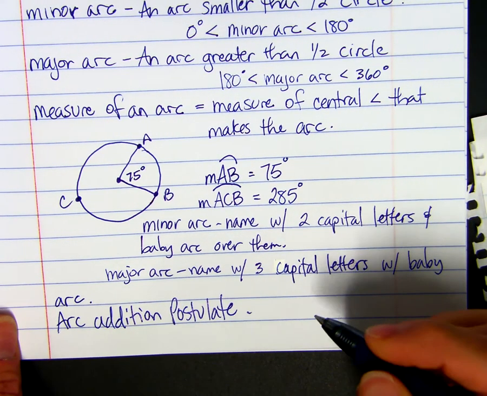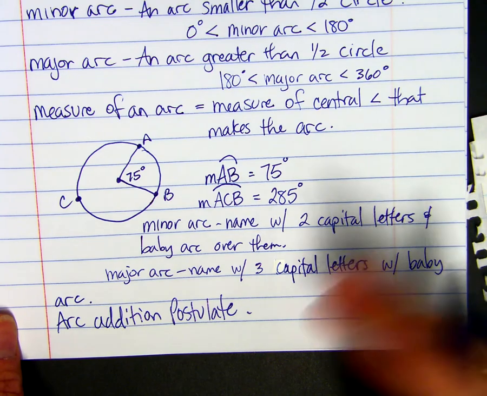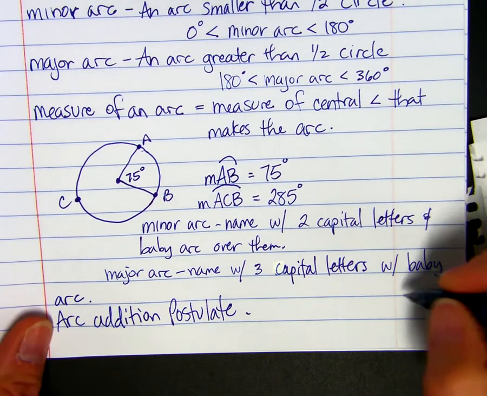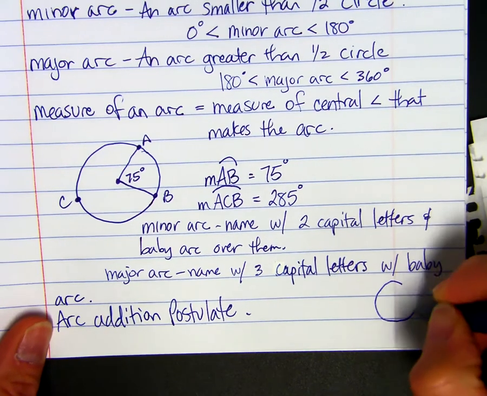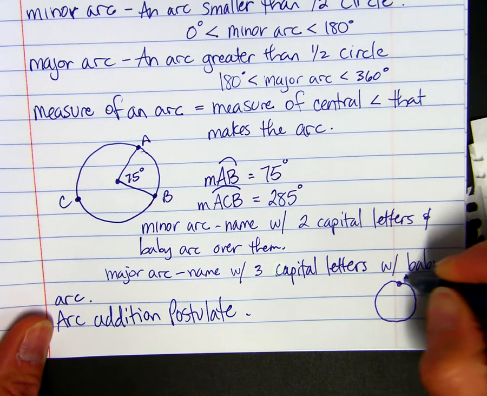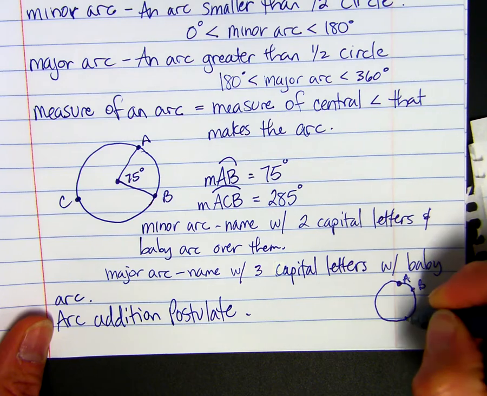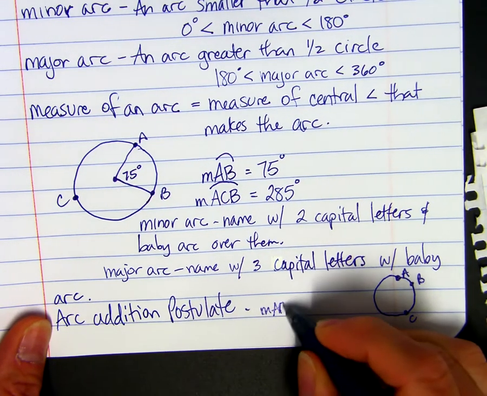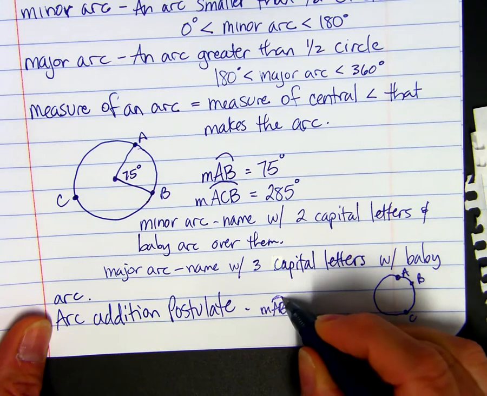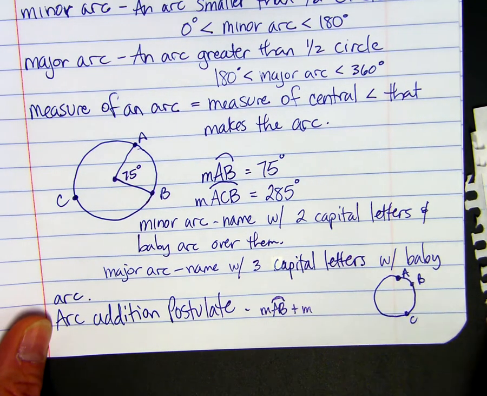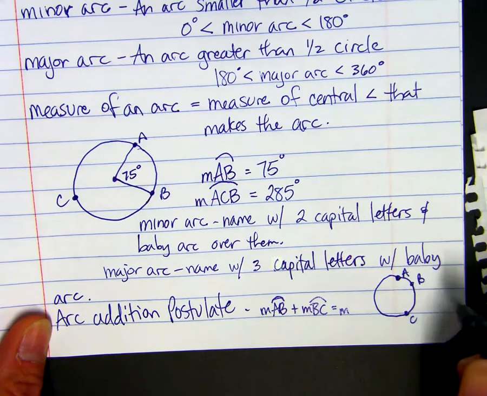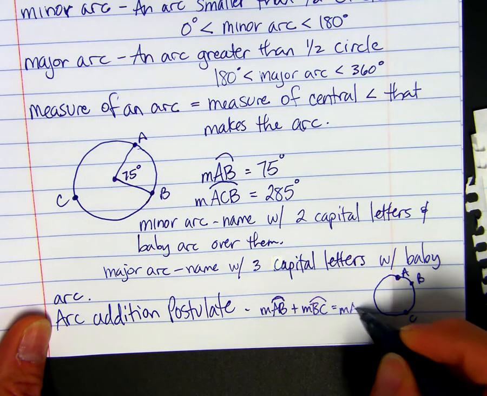And instead of writing out the whole postulate, I'm going to show you with an example. So you draw your circle, put an A and a B and a C. It just says that the measure of arc AB plus the measure of arc BC will equal the measure of arc AC.